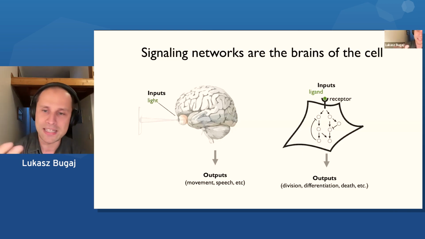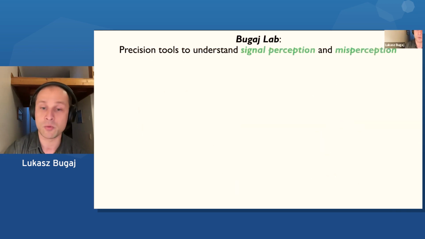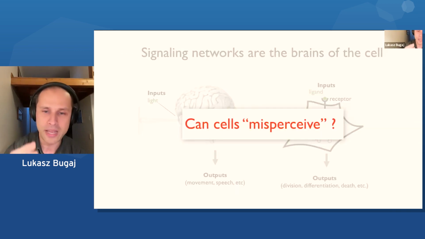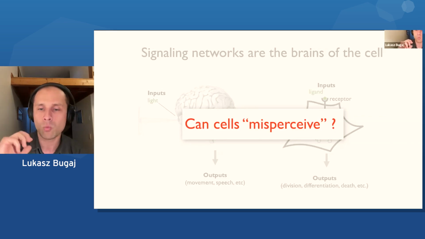If you can accept that a cell can perceive, then it's only one step further to think maybe a cell could also misperceive. And so we're interested in understanding cell signaling from this alternative perspective. Our approach to this is developing really precise molecular tools to allow us to ask these sorts of questions.